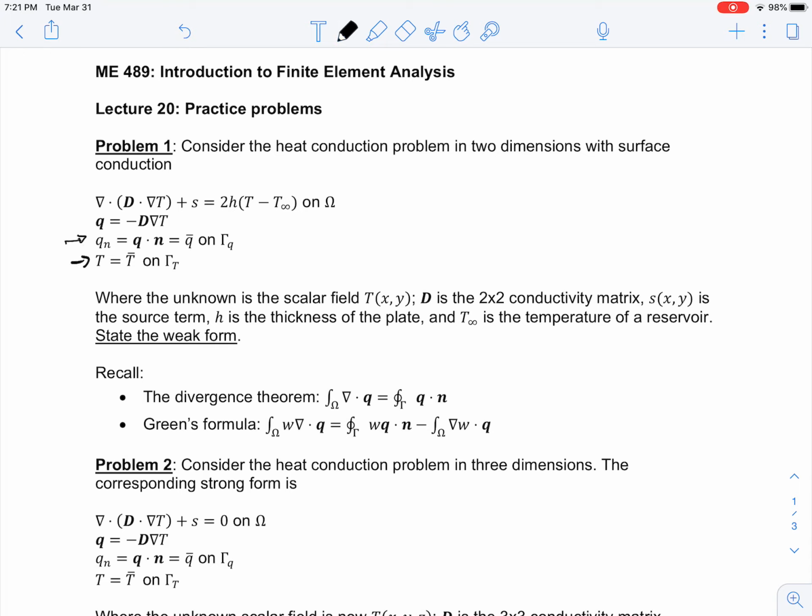And then boundary conditions are defined here. So this is the PDE that we need to solve. This is the natural boundary condition, and this is the essential boundary condition on some domain omega in 2D.